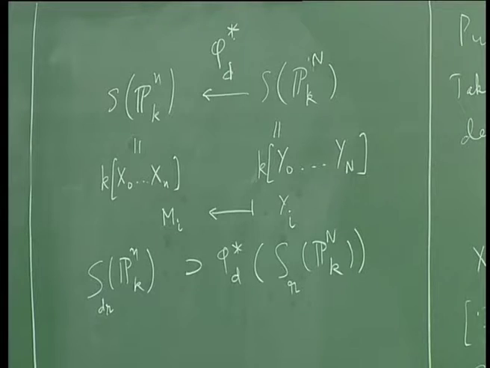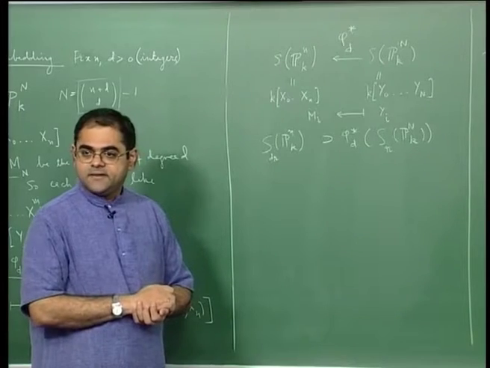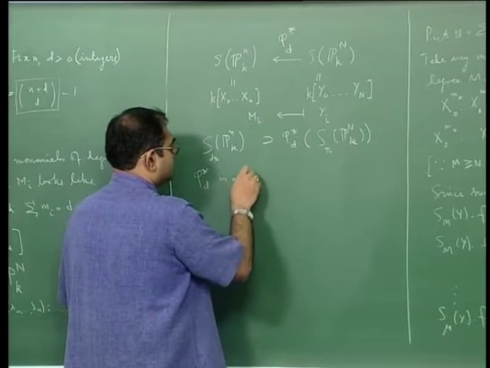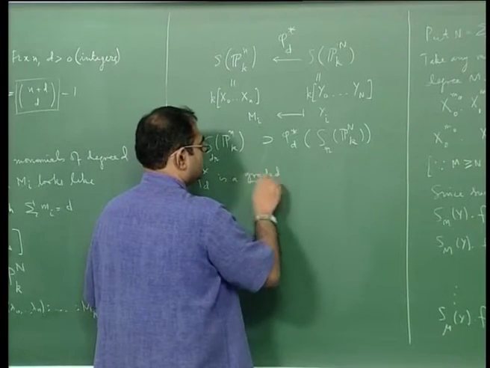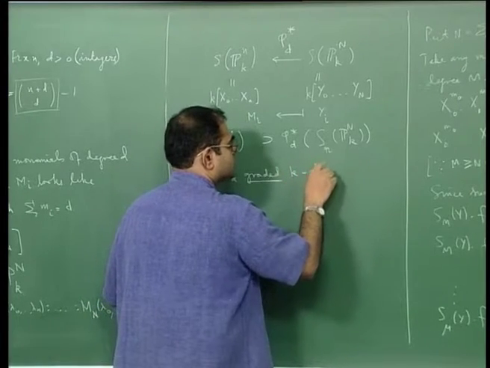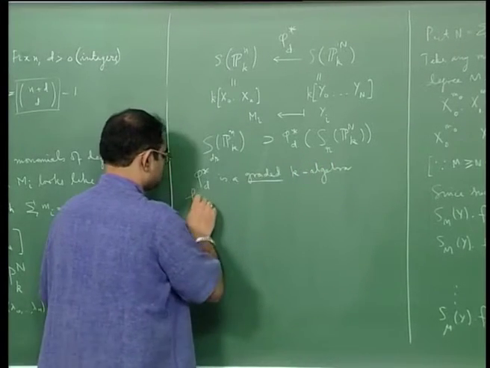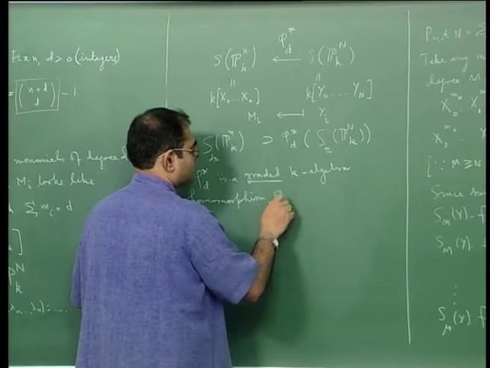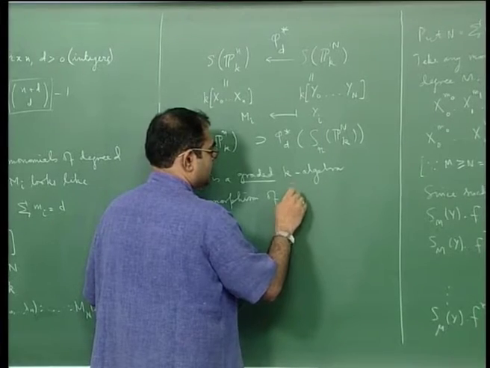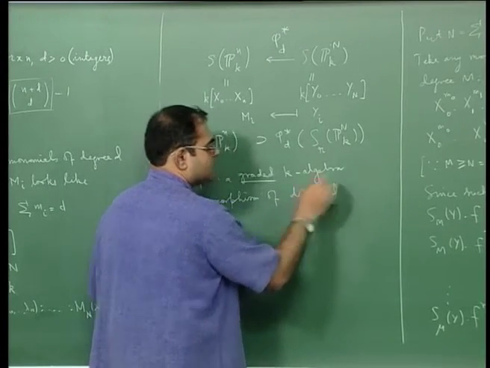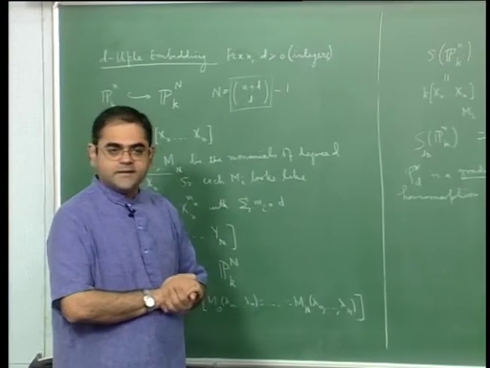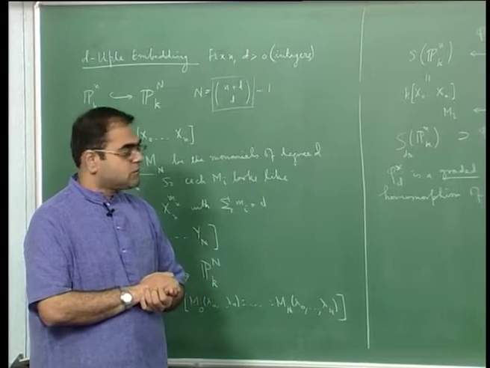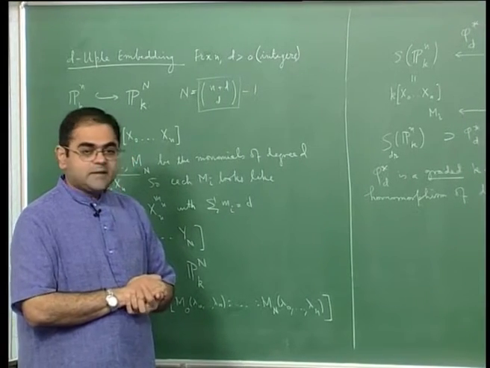So we say it is graded of degree d: φ_d^* is a graded k-algebra homomorphism of degree d. This is what it means, it takes any degree L piece to the corresponding degree L times d piece.